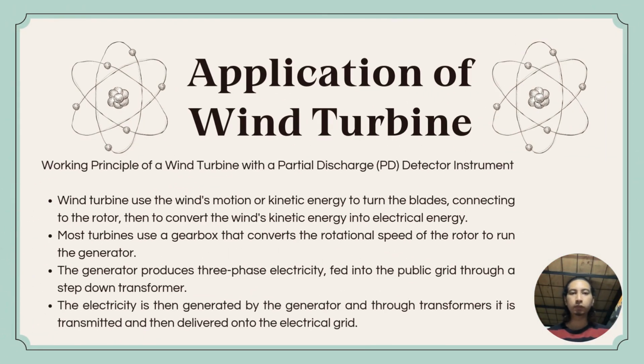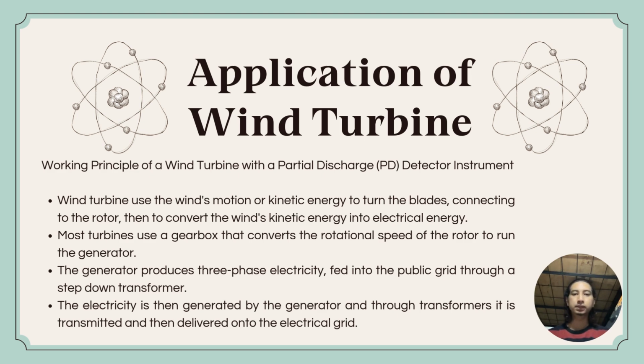Furthermore, we're going to move on with applications of wind turbines. This is the working principle of a wind turbine with a partial discharge detector instrument. Firstly, the wind turbine uses the wind's motion, or kinetic energy, to turn the blades connected to the rotor, converting the wind's kinetic energy into electrical energy.